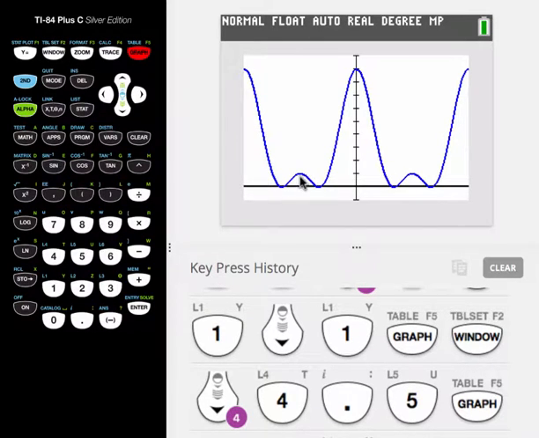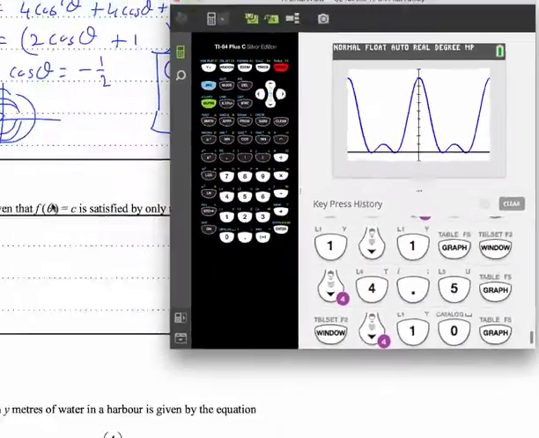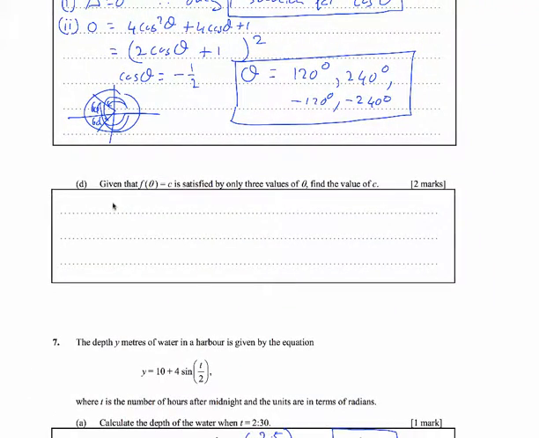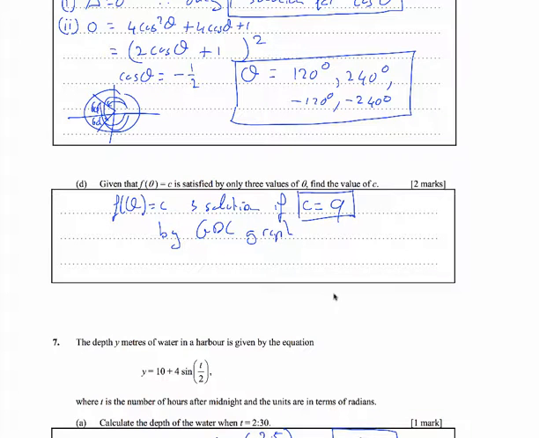Here it intersects 1, 2, 3, 4, and way more here. So the only way is if I skirt the top, so only if I hit the maxima, which happens at 9. So f of theta equals c has 3 solutions if c is equal to 9. By GDC graph, whatever. All right, good.